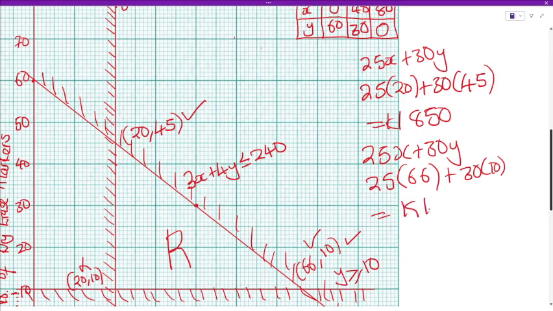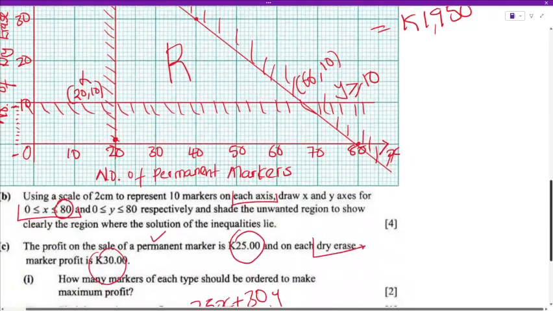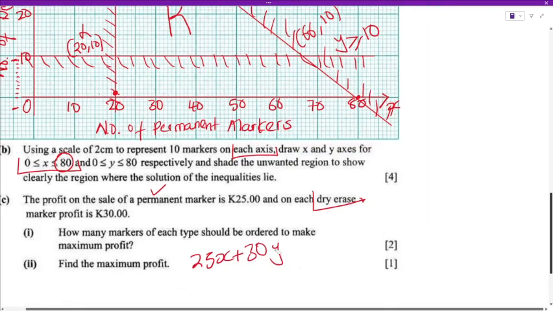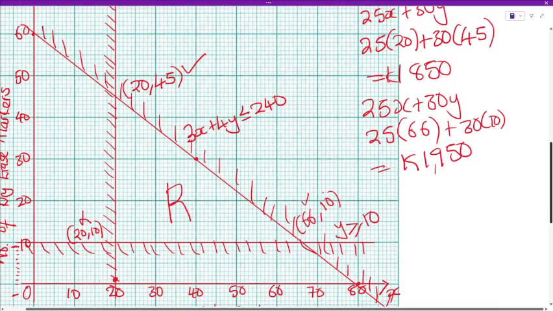So the coordinates 66 comma 10 are the ones that give us maximum profit. The question is asking how many markers of each type should be ordered to make maximum profit. So it's supposed to be 66 permanent, 10 dry erase.